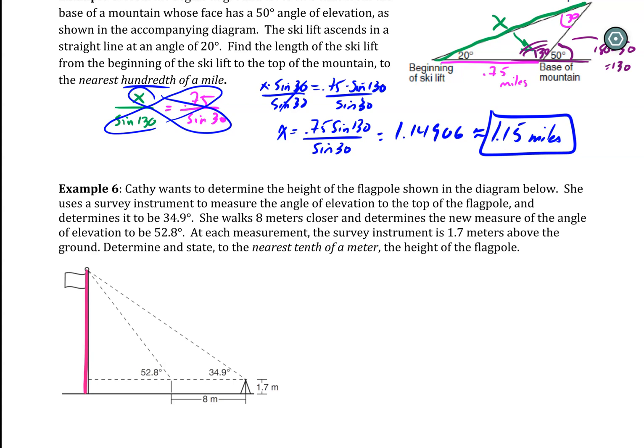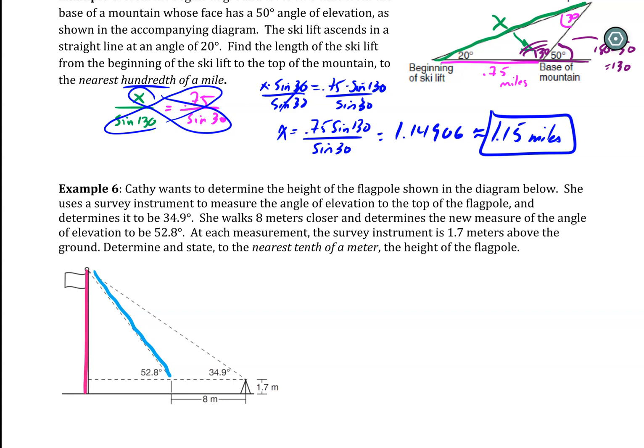So I've got to come up with a way to find that value. Like I said, you've got a couple options, but using law of sines, we can come up with the missing pieces, and that allows us to work backwards to find the parts I'm looking for. So we're first going to find this piece here.